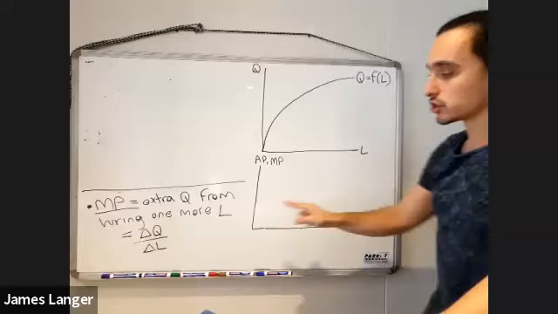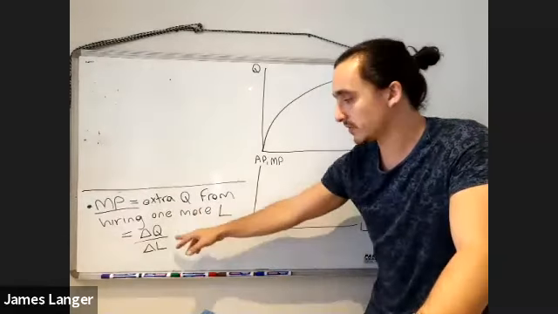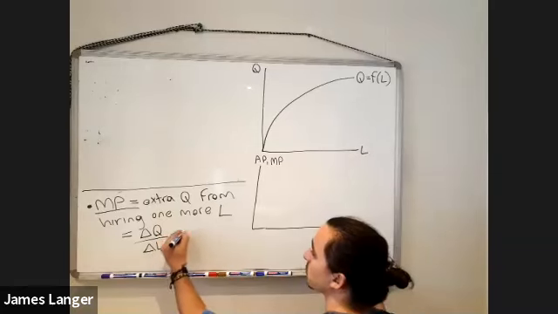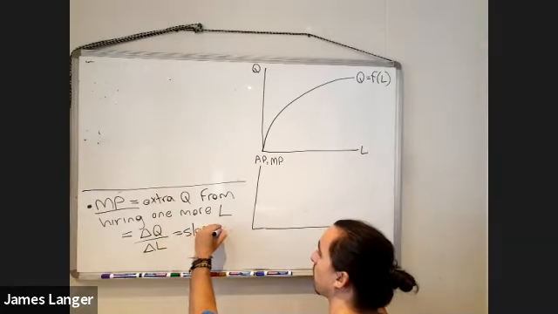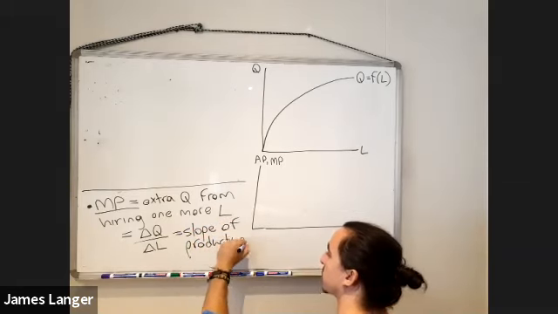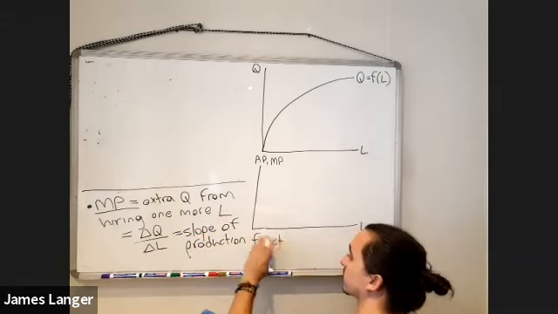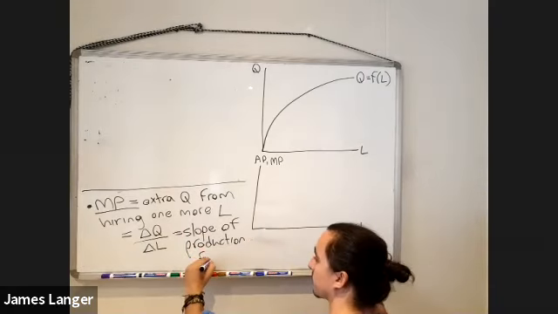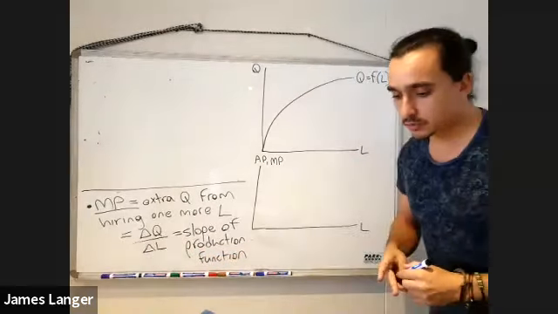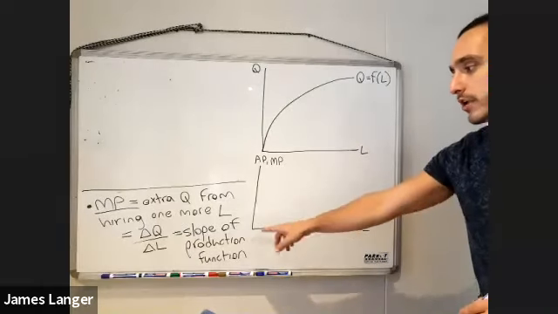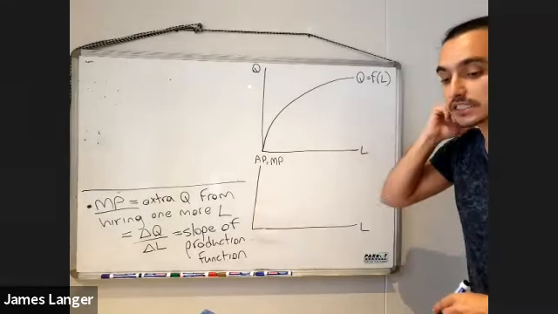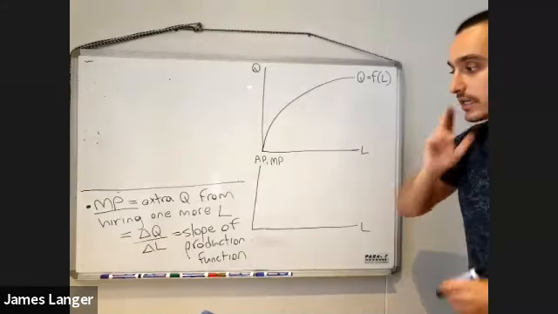L. So change Q over change L is change Y over change X. So the marginal product is always going to be equal to the slope of the production function. So we can always look at our slope here to see what marginal product is.